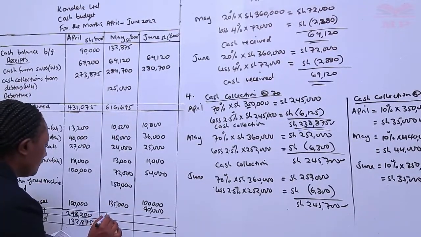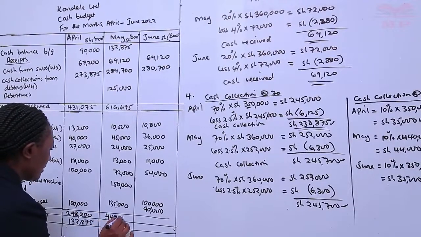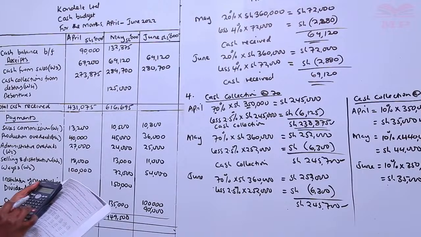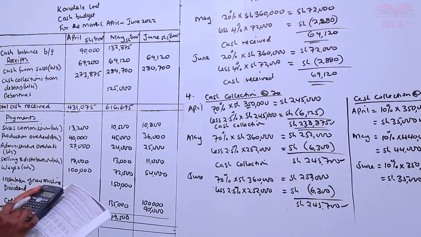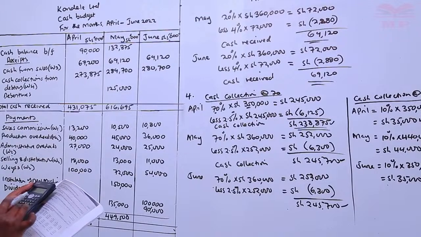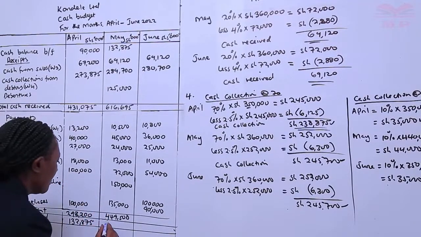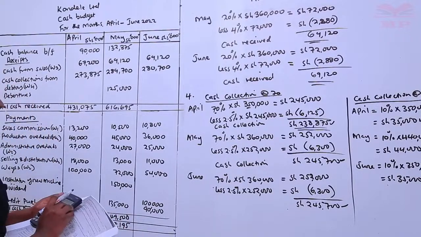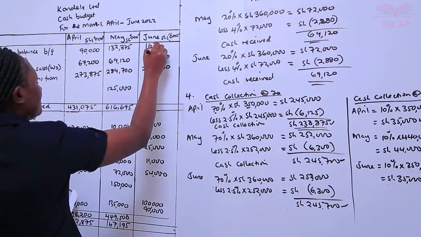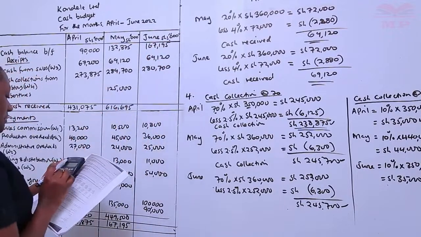This will be 449,500. So we get the cash balance to be carried forward, which will be 167,195. And then we bring it in the next period, 167,195.